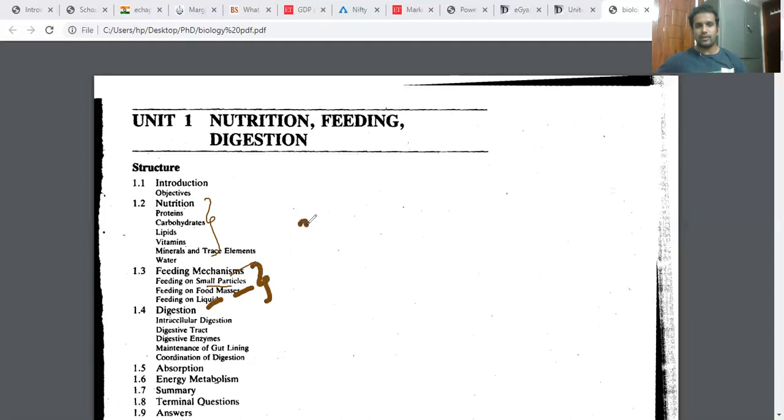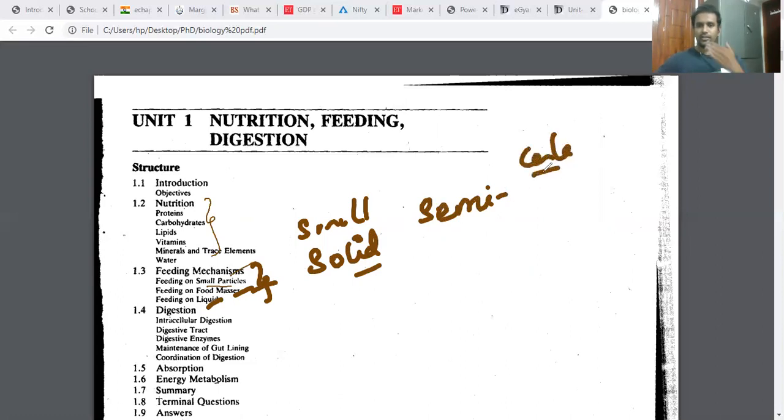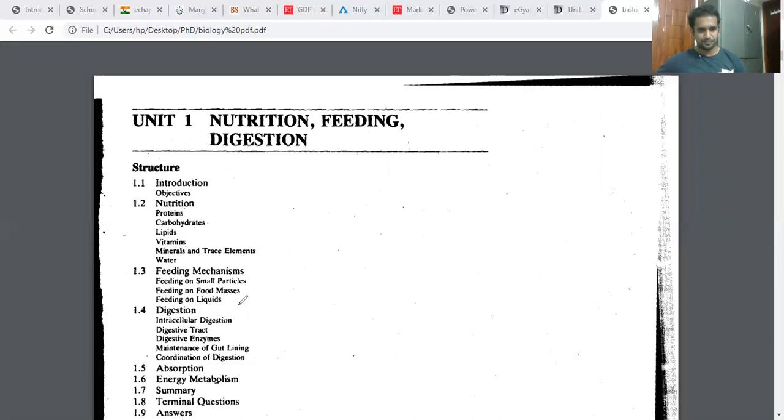Some take very, very small particles, and some take solid materials, meaning they eat food in solid form, not semi-solid form, like children who take Cerelac and such in a semi-solid form. We have a class of organisms that take only liquid food, and some take only solid food. In that way, some organisms are classified, which we will come to know about.